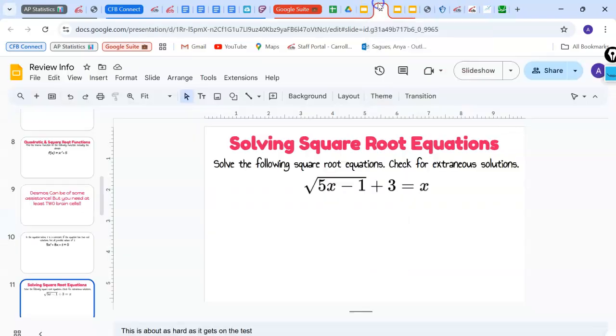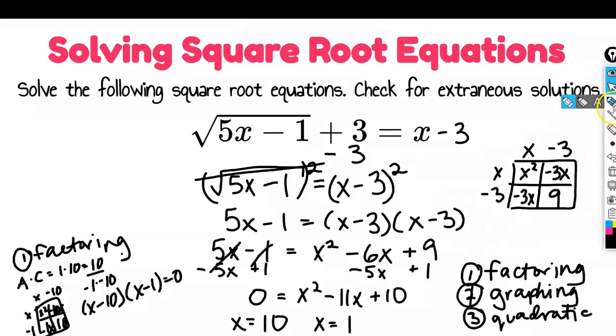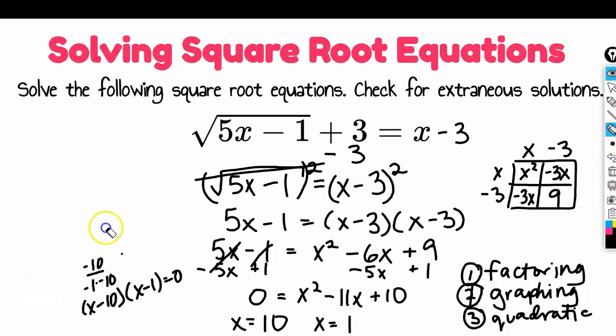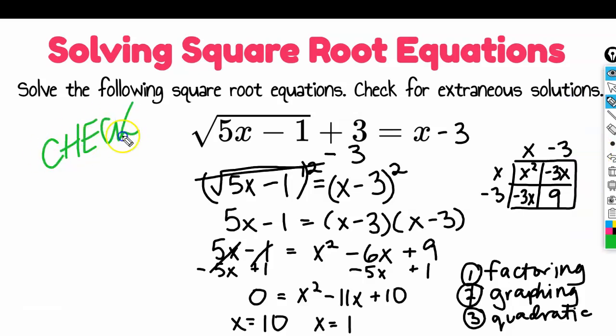So anyways, once you figure out your solutions, you have to check your solutions. You have to check them because one of these actually isn't going to be valid. So when you check your solutions, you are plugging them back into this original problem.